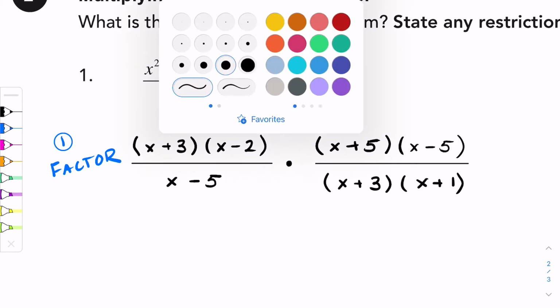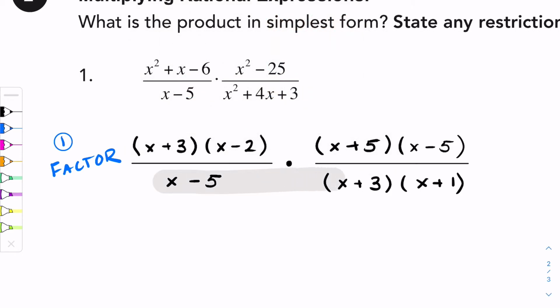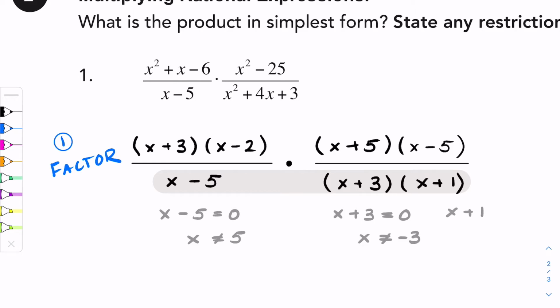Step 2, same as before, identify domain restrictions. You have to identify domain restrictions of all denominators. When I identify these restrictions, the first part of my denominator is x minus 5. Set this equal to 0, and I have a restriction that says x cannot equal 5. I have x plus 3, giving me a restriction of negative 3, and x plus 1, giving me a restriction of x cannot equal negative 1.